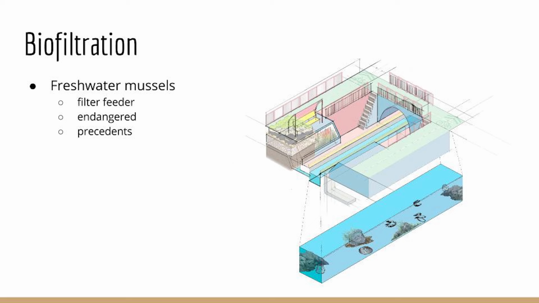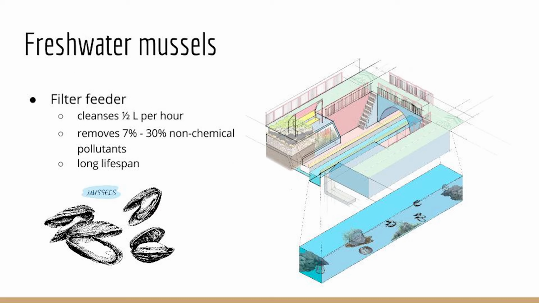To be more specific, we're interested in utilizing the water cleansing ability of the freshwater mussels and use them as a means for biofilters. So just a very brief intro to these creatures. They are filter feeders, meaning they feed on the small suspended particles in water, and each of them cleanses around half a liter of water per hour.